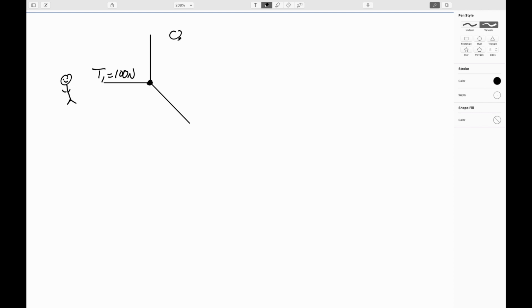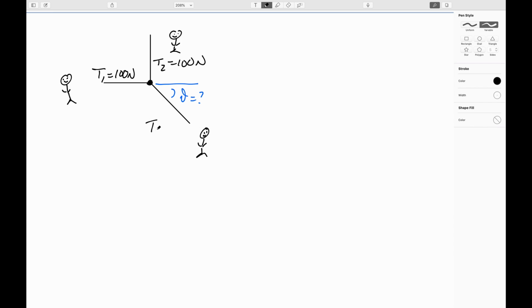Similarly, got a person here who's also pulling on a rope, this rope here, with 100 newtons of force. We'll call that rope T2. And then we have a third person over here who is pulling on a rope.